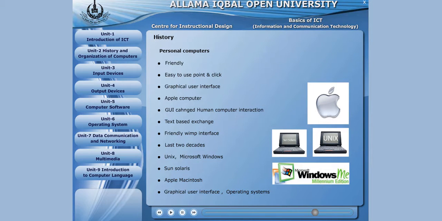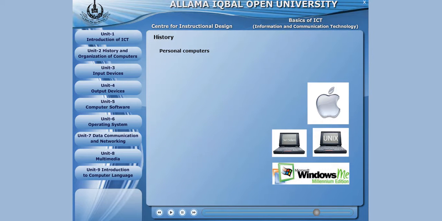Dear learners, during the last few years, there has been a tremendous advancement in microprocessor technology, and now personal computers operate at speeds up to 2 gigahertz. There has been a considerable advancement in computer peripheral devices.